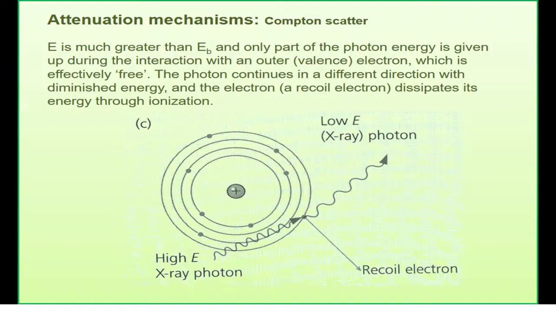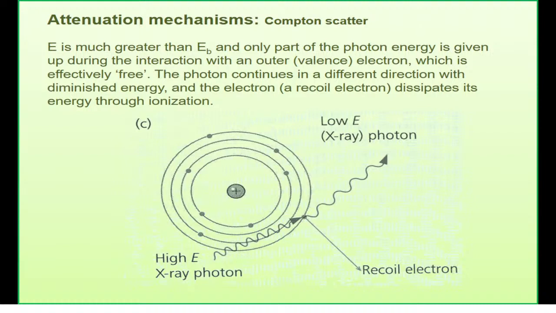If it is so, only part of the photon energy is given up during the interaction with an outer valence electron, which is effectively free. The photon then continues in a different direction with diminished energy, and the electron, named the recoil electron, dissipates its energy through ionization.